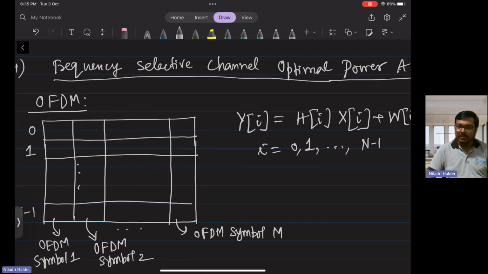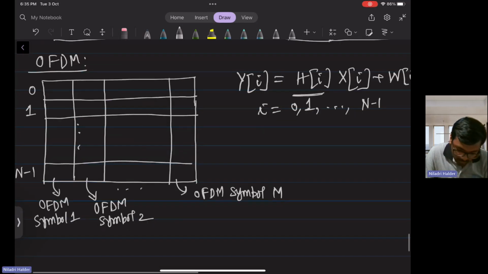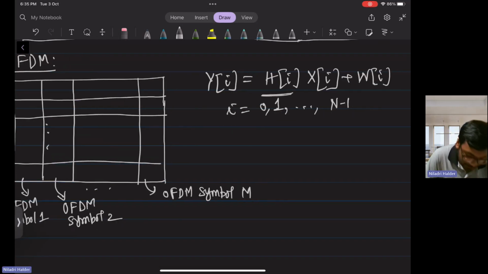There is one attenuation constant hi, and that is multiplied with the transmitted symbol xi. This is the input-output relationship for each subcarrier in the case of orthogonal frequency division multiplexing. Now we need to find out the capacity.